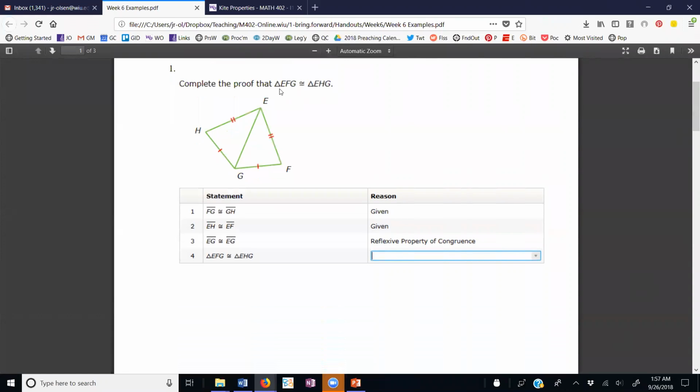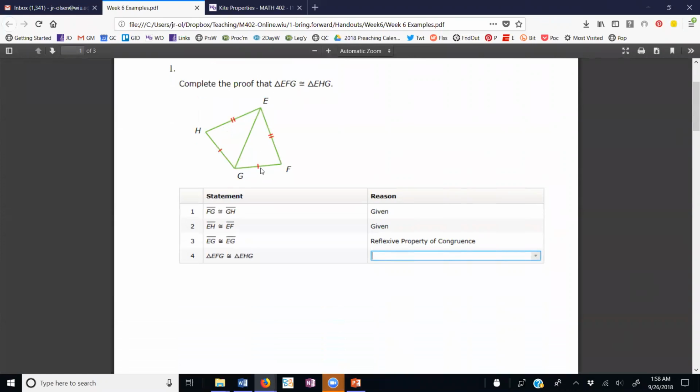What I'm trying to prove here is triangle EFG is congruent to triangle EHG. The given information is that segment FG, this one down here, is congruent to segment GH, and those are marked with a single mark.